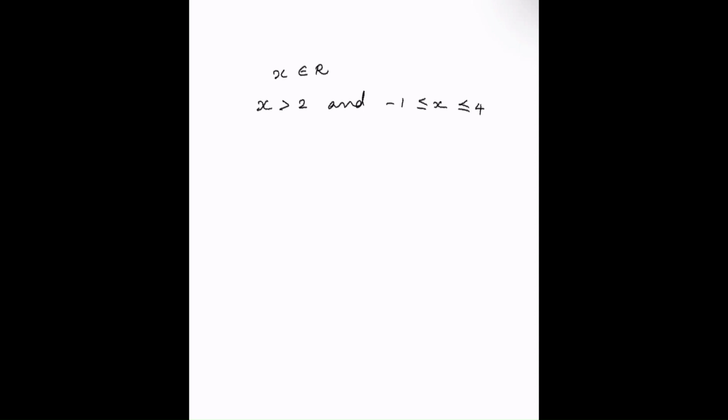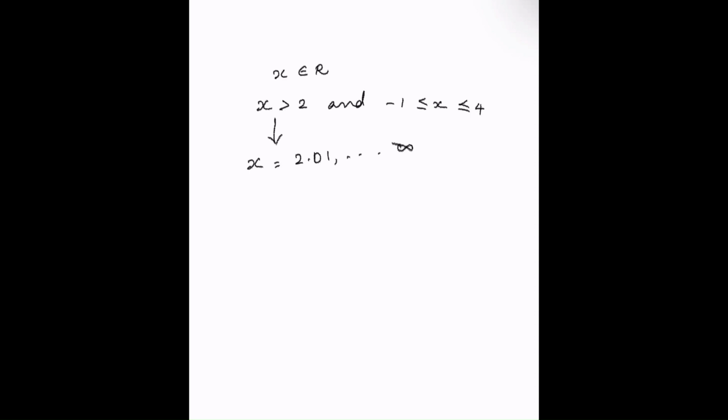See, what is the meaning of x greater than 2? That x should be any number which is greater than 2. x is an element of real numbers. I have to write it in set builder form only, right? I cannot write it as individual elements. So anything greater than 2, like 2.1 or 2.01 onwards, anything up to infinity will come under x greater than 2.